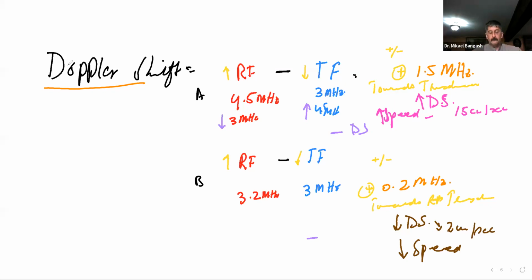Did that make sense? So if we say it's a negative Doppler shift of 15 centimeters per second, the negative just means away from the transducer, moving away at a speed of 15 centimeters per second.